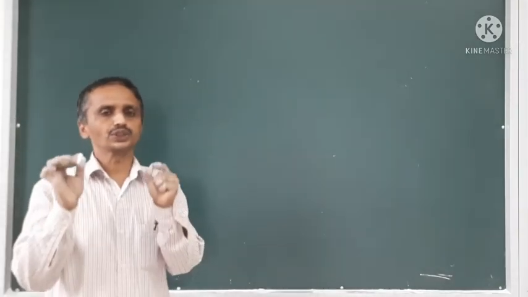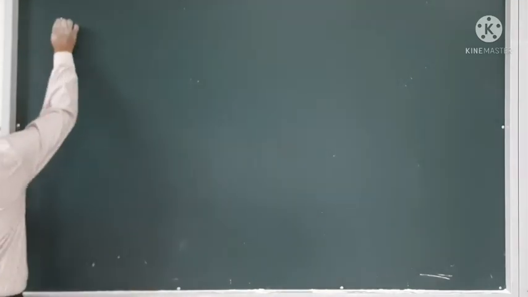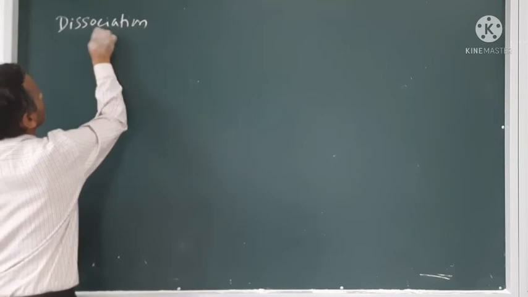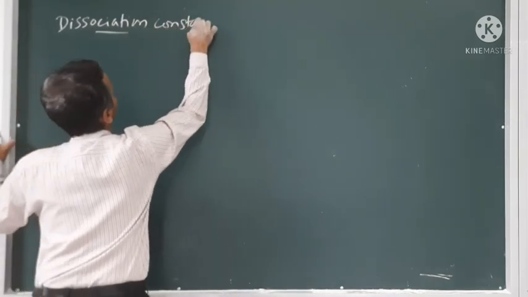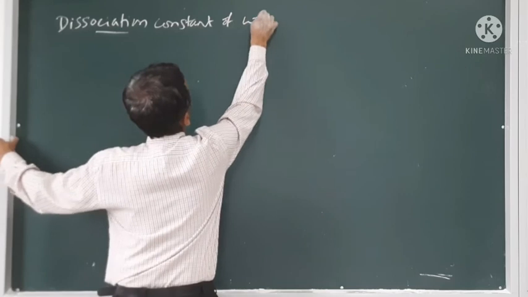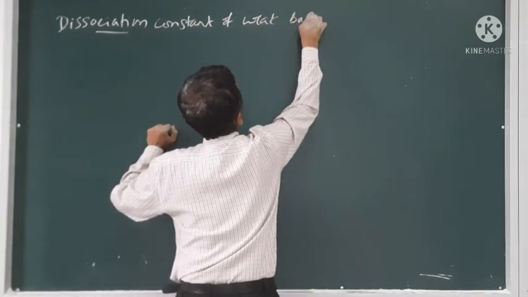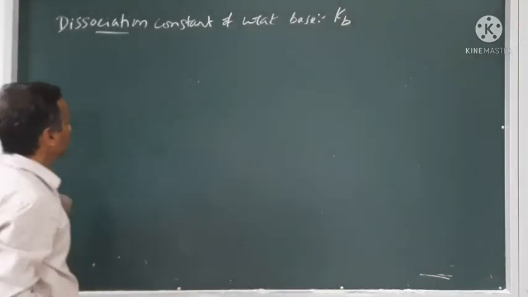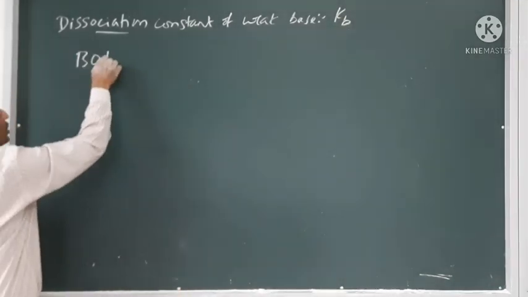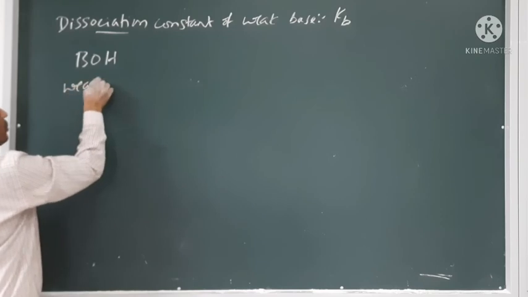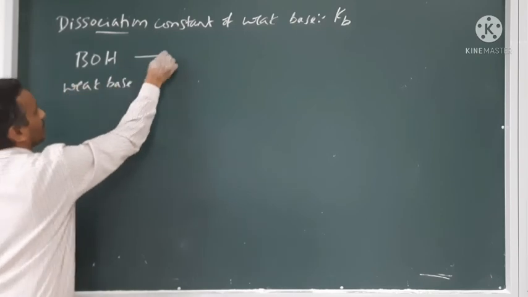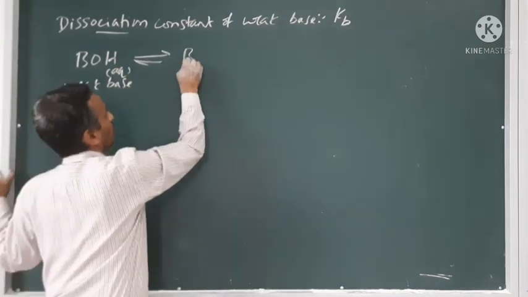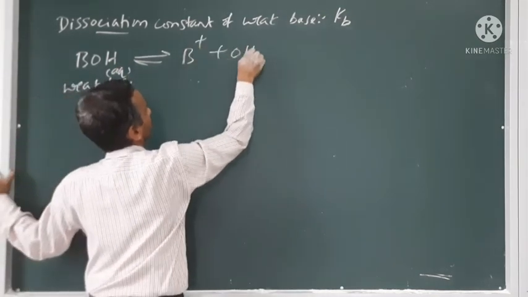Now, dissociation constant of a weak base. We take it as Kb also. BOH is a weak base. So what are the ions in the aqueous solution? It gives B plus and OH minus.